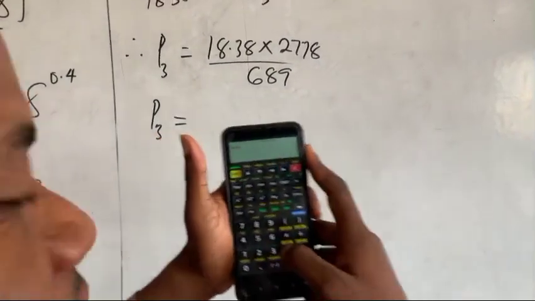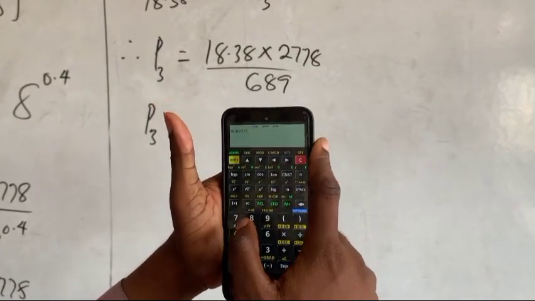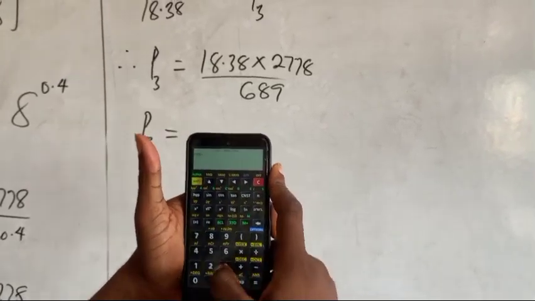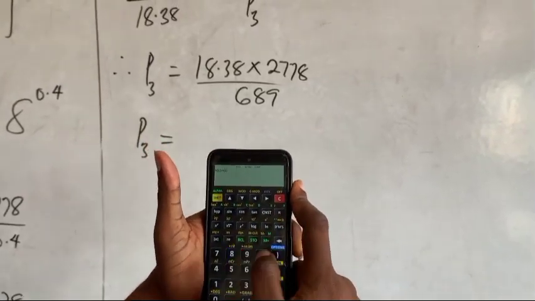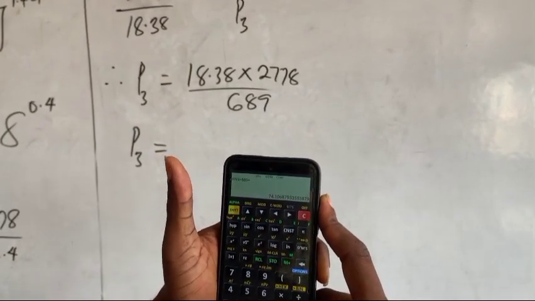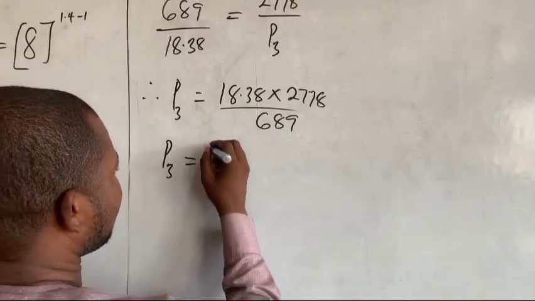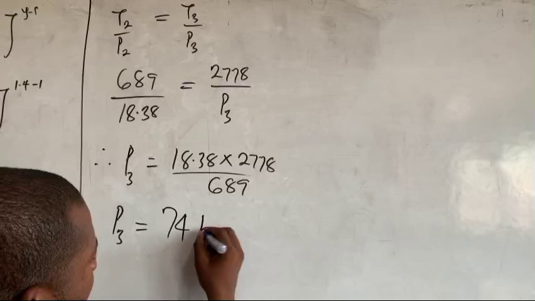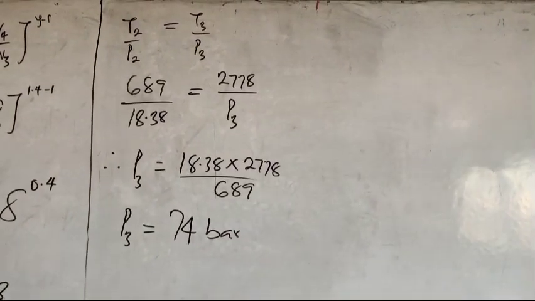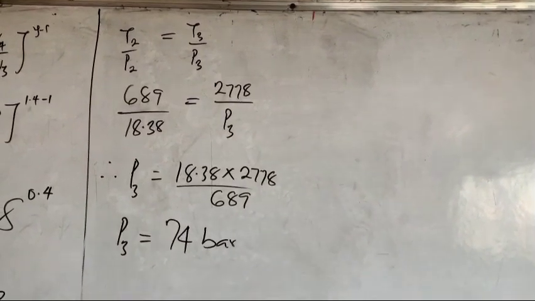From my power calculator, 18.38 multiplied by 2,778, then divided by 689, is approximately 74 bar.